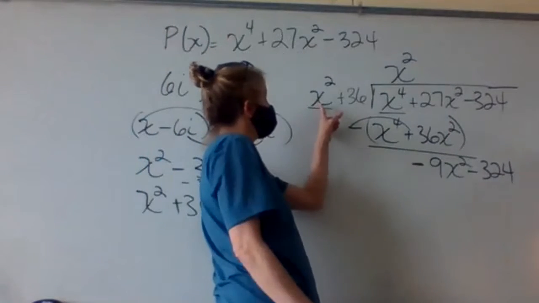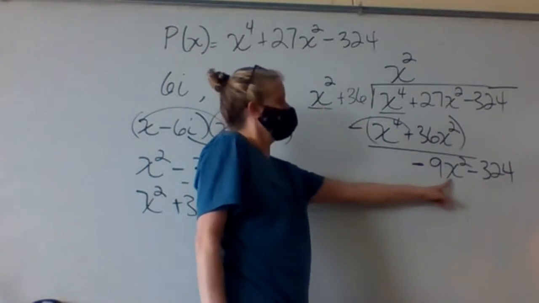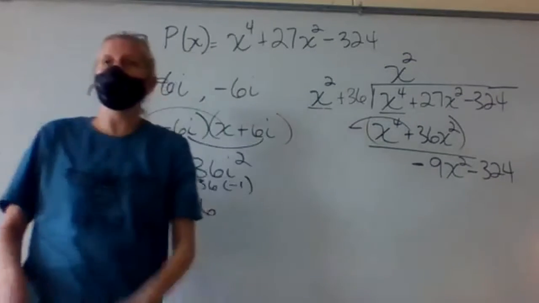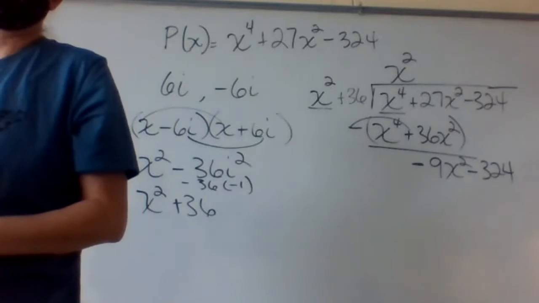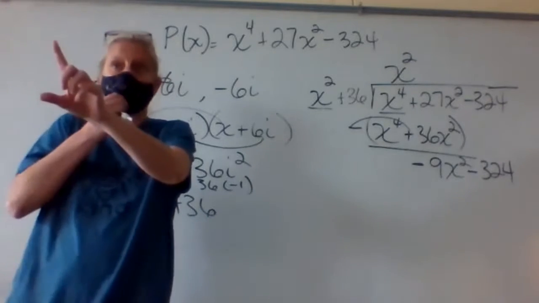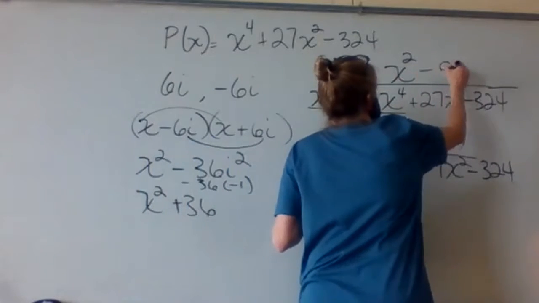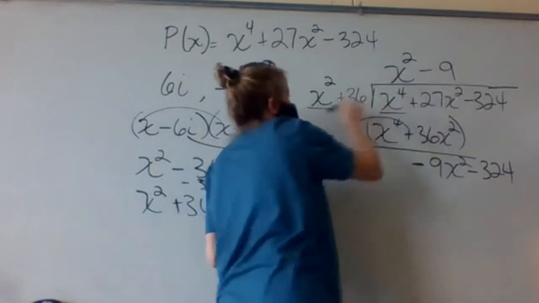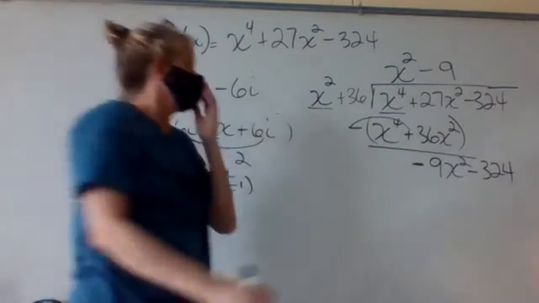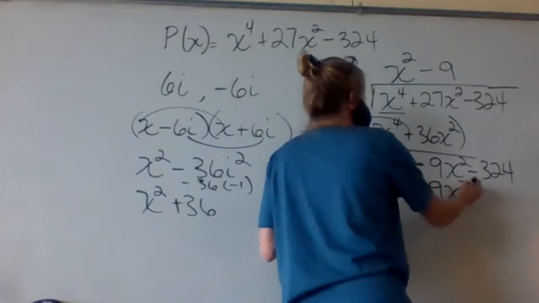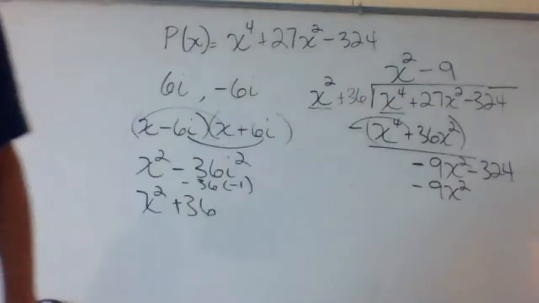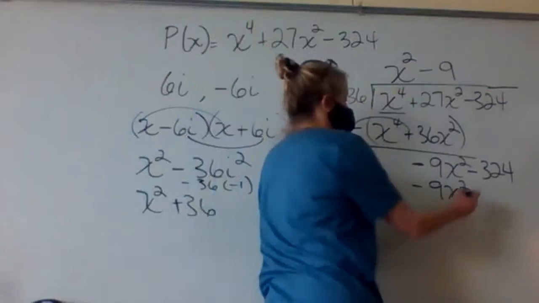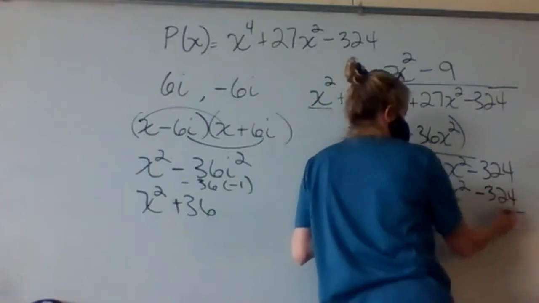Do the same thing. You want this to be able to cancel this out. So what do I need to multiply x squared by to make it negative 9x squared? Just negative 9. Right, watch, because if I multiply this times both of these, what's negative 9 times x squared? Negative 9x squared. Negative 9 times positive 36, if you multiply this in your calculator, it gives you negative 324.